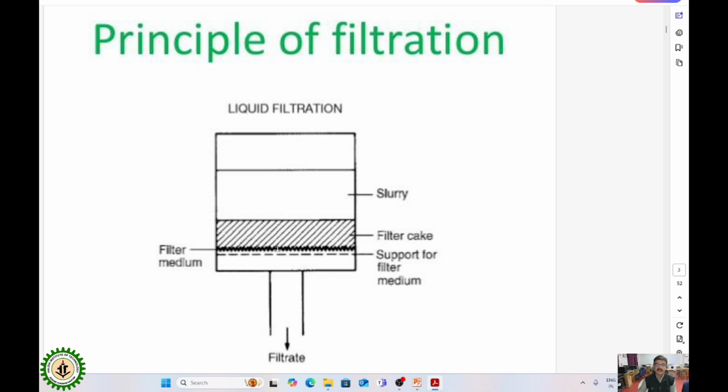This is the filtering media, and suspension is fed from the top. So the liquid will come out through the porosity of the filtering media and will be collected, and the solid materials will be deposited on the surface of the filtering media.